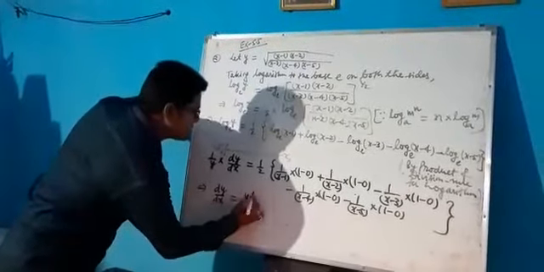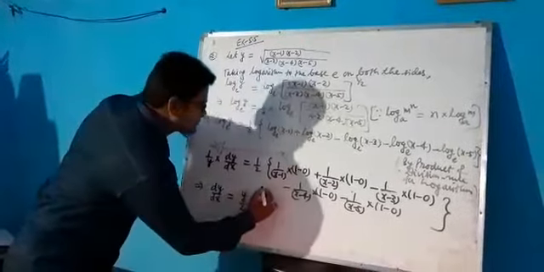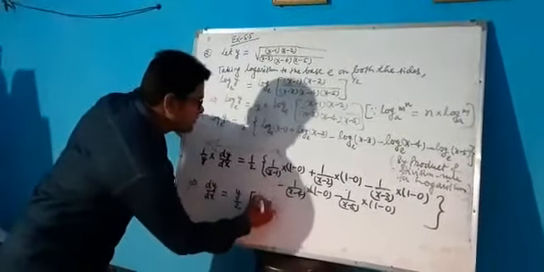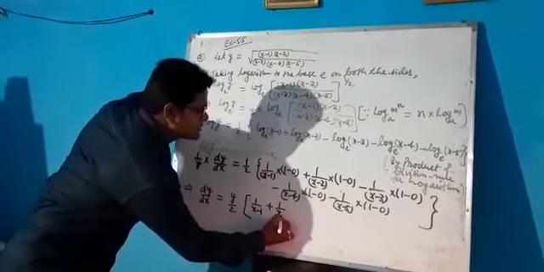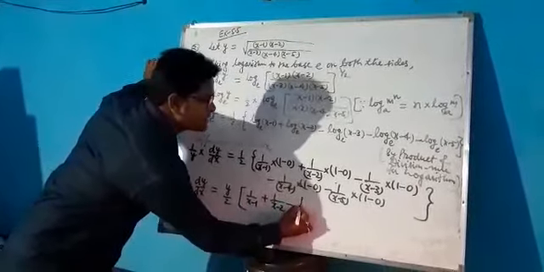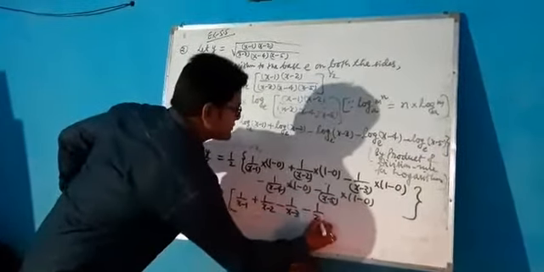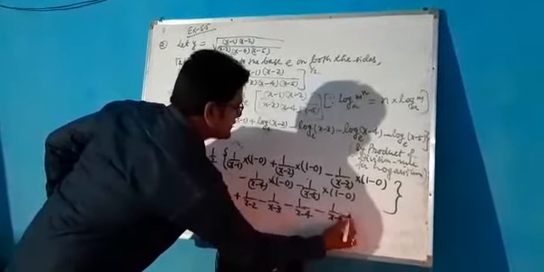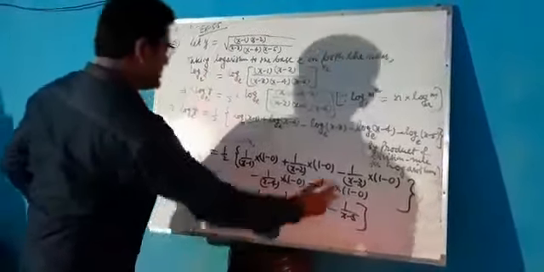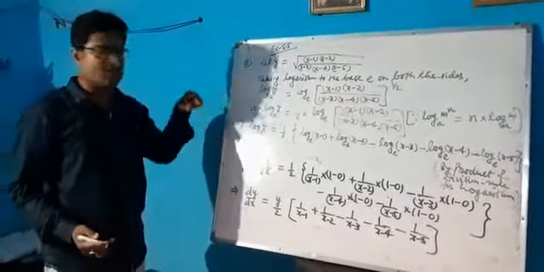So I can write it as y by 2, and it is 1 by x minus 1, 1 by x minus 2, minus 1 by x minus 3, minus 1 by x minus 4, minus 1 by x minus 5. You can leave your answer here also, but you have to change y because y is not given, we have taken y.